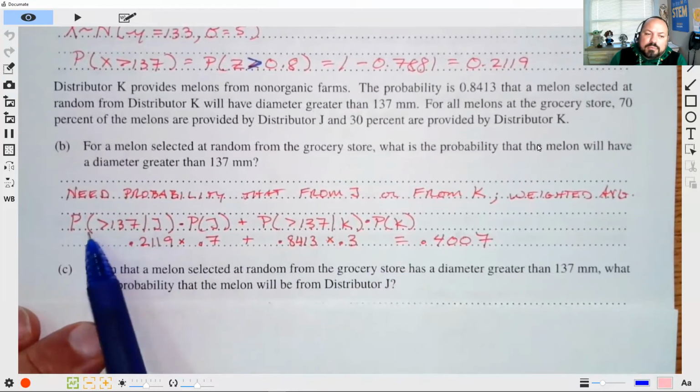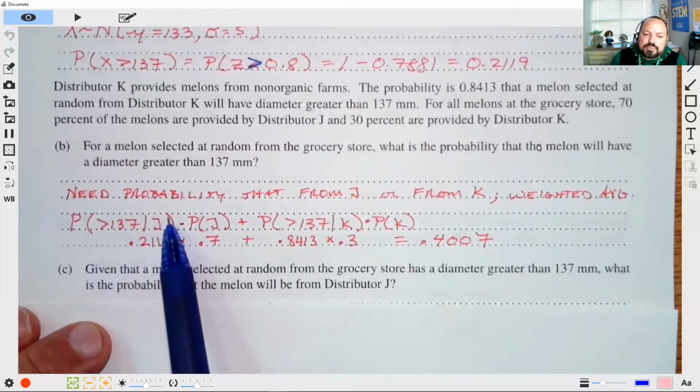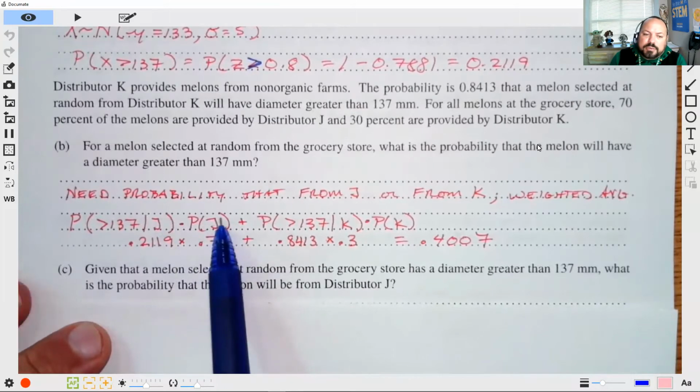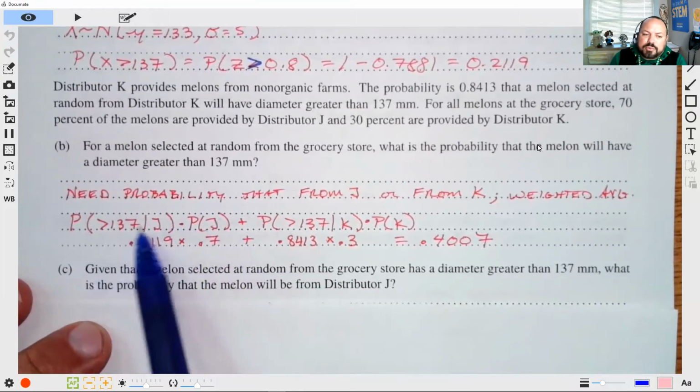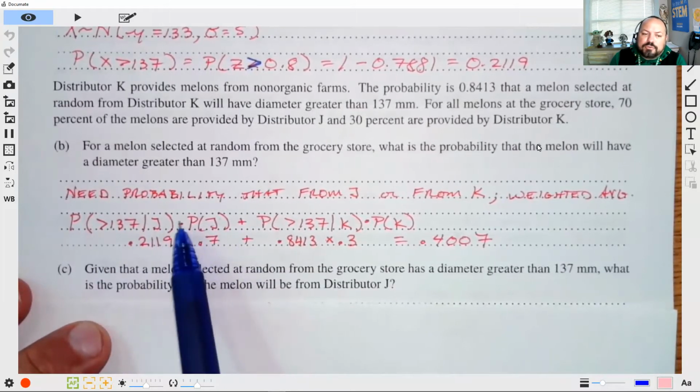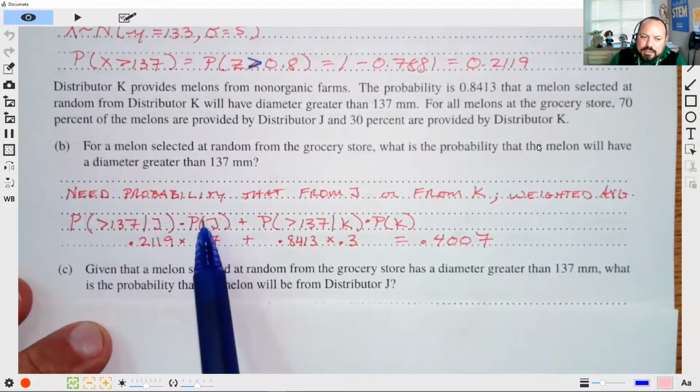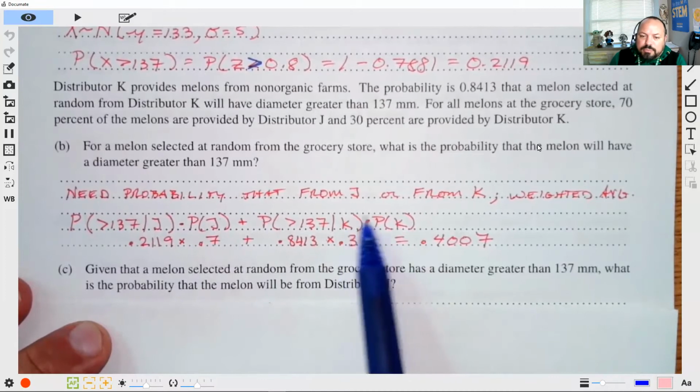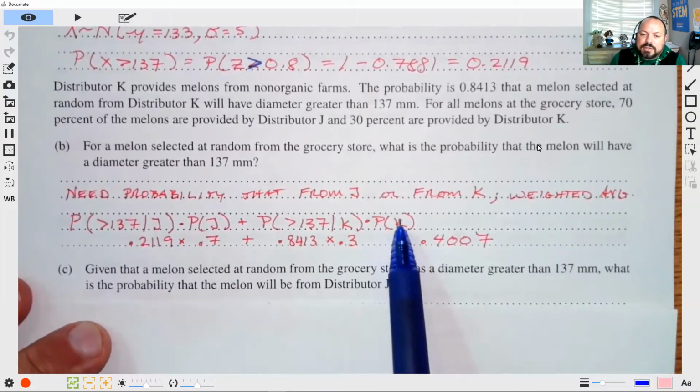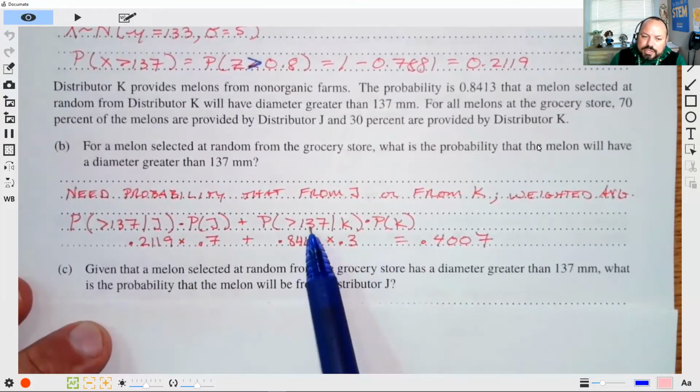That way, when I multiply this conditional probability by the probability that it comes from J, this will give me the probability of coming from J and being greater than 137. And this will give me the probability of coming from K and being greater than 137.